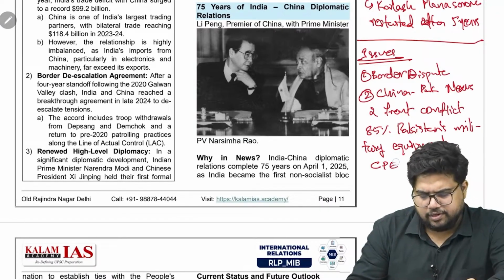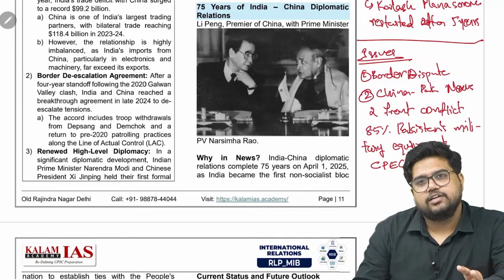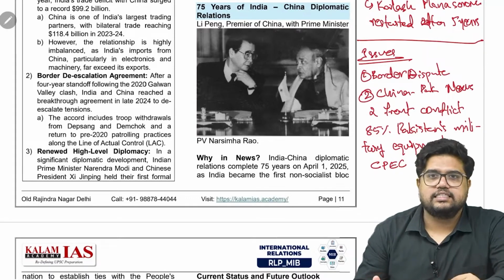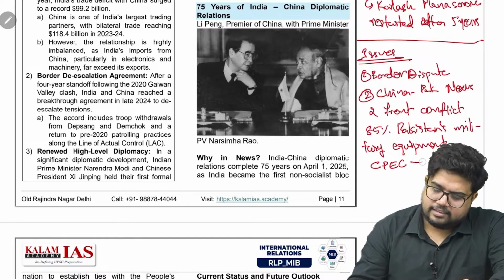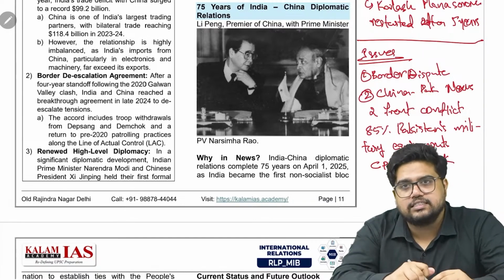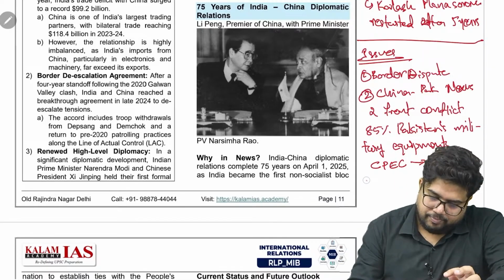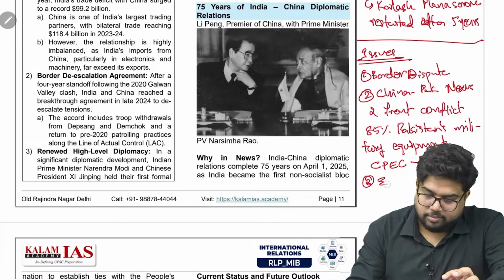Another example you can write about is CPEC, the China-Pakistan Economic Corridor, which is the Pakistan extension of BRI. It passes through Pakistan-occupied Kashmir, and India has sovereignty concerns regarding this, and still the project is going ahead. The third issue is the economic imbalance.